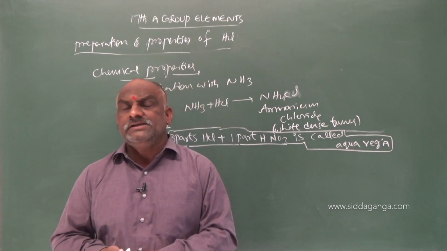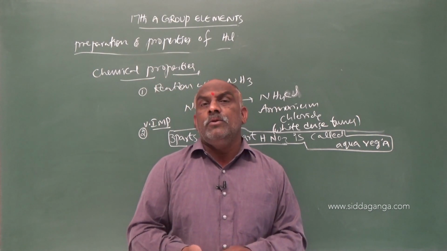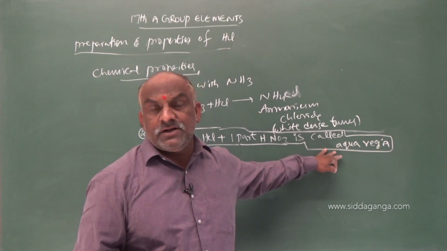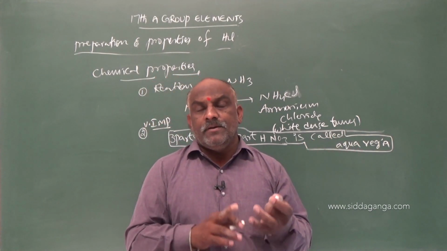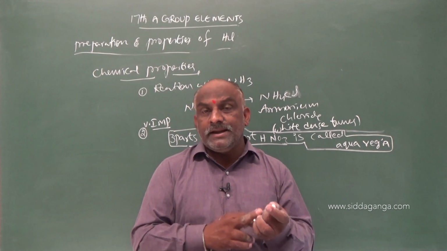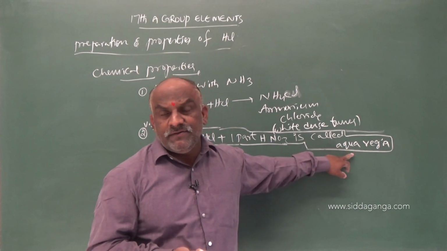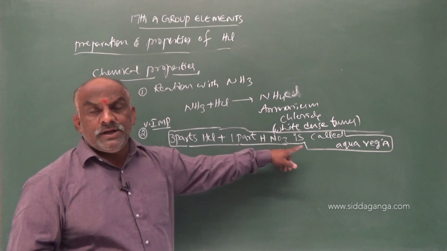What is aqua regia? Some noble metals are there. Those noble metals are dissolved in aqua regia. What are those noble metals? Gold and platinum. The metals gold and platinum can be dissolved in aqua regia. Very important competitive bit it is.